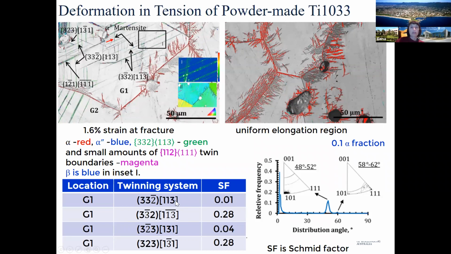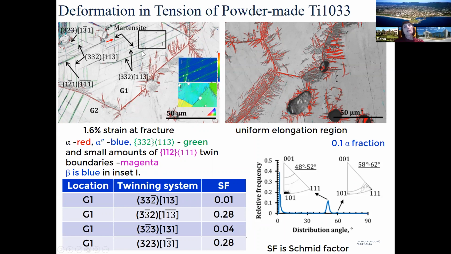Typically, it should not have been operational because you need about 0.3 or more Schmid factor for a twin system to operate. However, the next one, you see these thick parallel lines, they are thicker. They probably formed earlier, and they have a higher Schmid factor, together with another one with a high Schmid factor, which is more preferential for its formation, and another one again has a low Schmid factor.